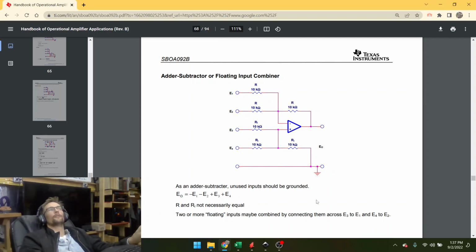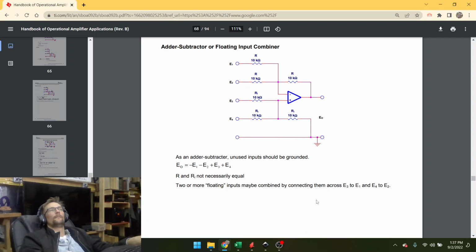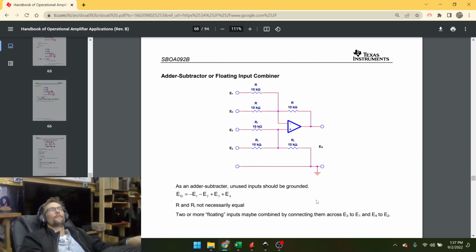Adder subtractor or floating input combiner. Floating input combiner.